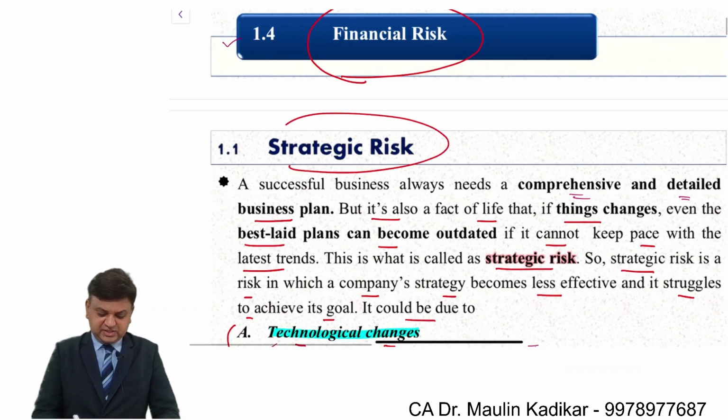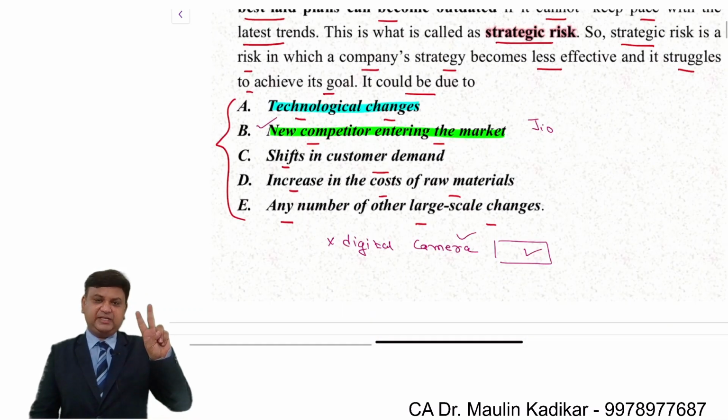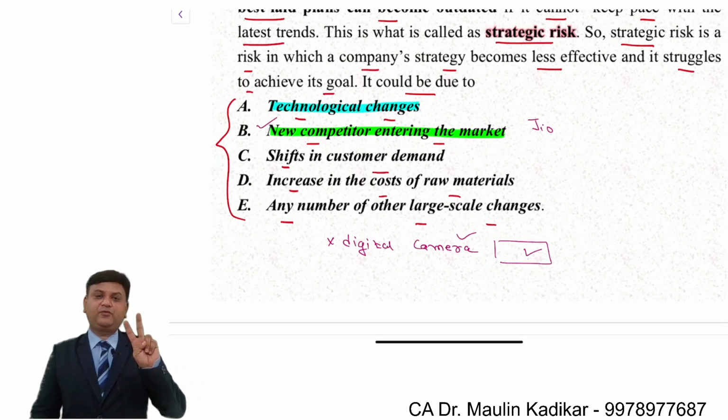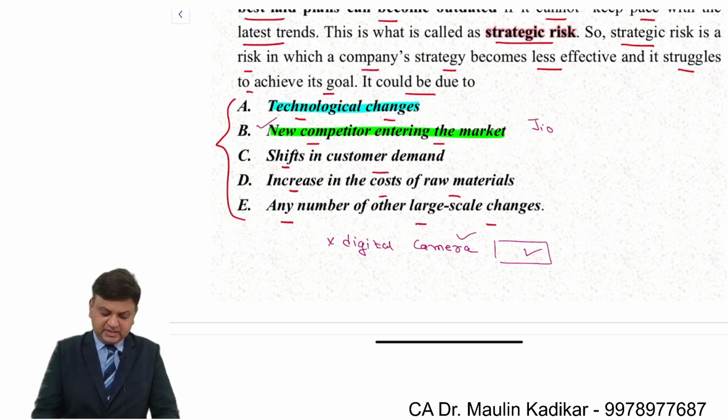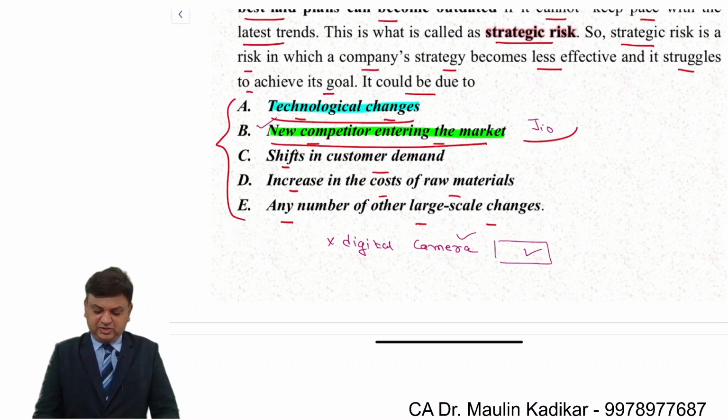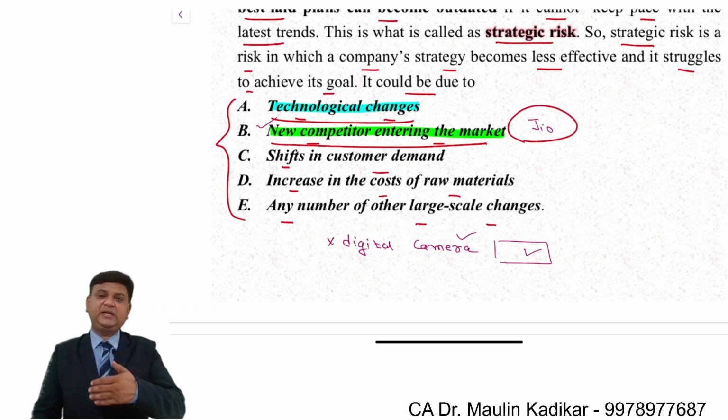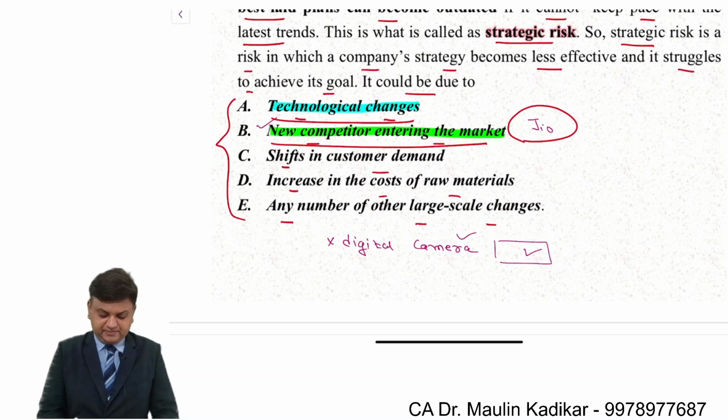In strategic risk, they have given two major examples. One is the Nokia company, another is the Kodak company. Third, they have given a good example of the Xerox company also. It is because of technological changes and new competitors entering the market. Jio is the best example, entering the telecom sector, and it had an impact on the other companies in that line of business.